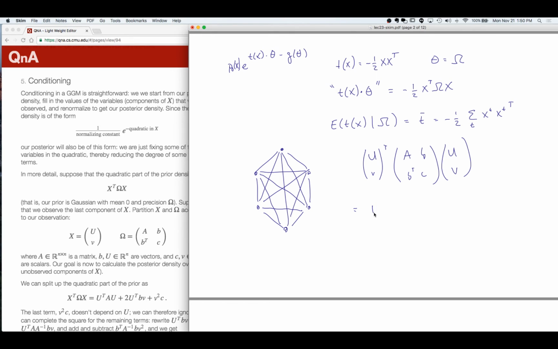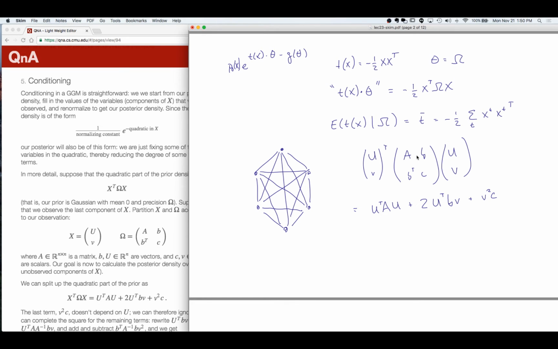That's equal to u transpose a u plus 2 u transpose b v plus v squared c, right? Which is what I wrote here. Right? And the way you can do that, right, is you just take every possible way of taking an element of this and an element of this and the corresponding block of the precision matrix.